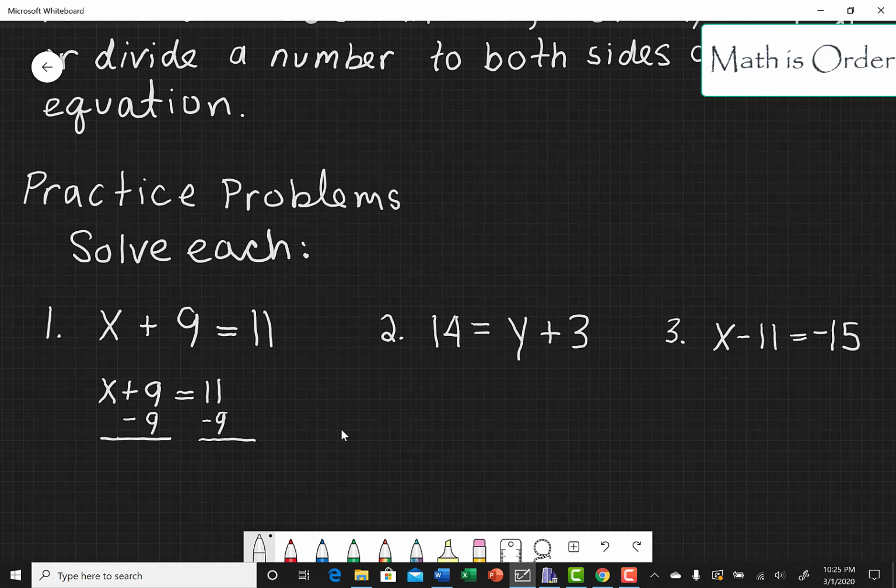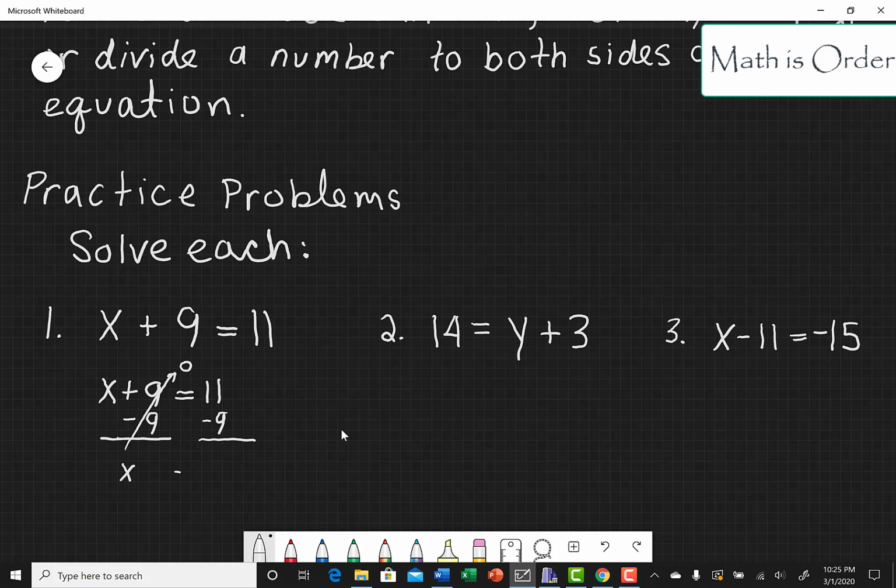Right now, having subtracted 9 from a positive 9 is going to make the positive 9 and negative 9 cancel out to 0. And the only thing left on the left-hand side of the equation is going to be x.